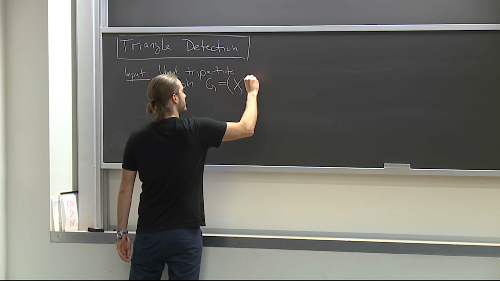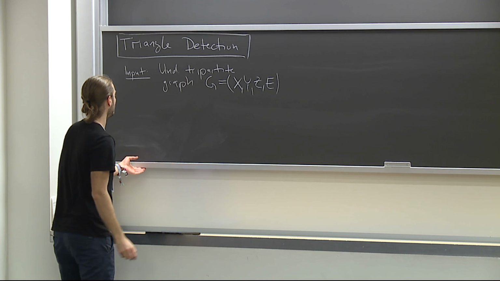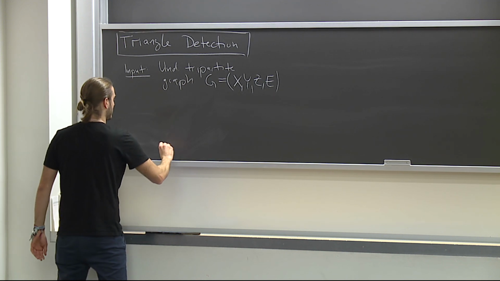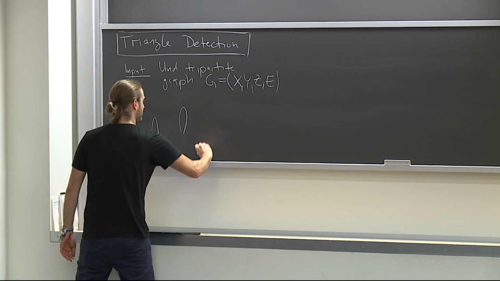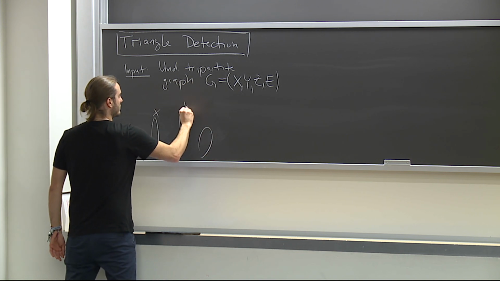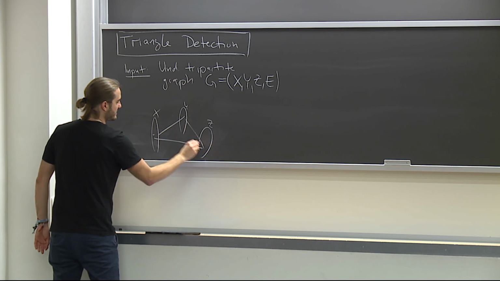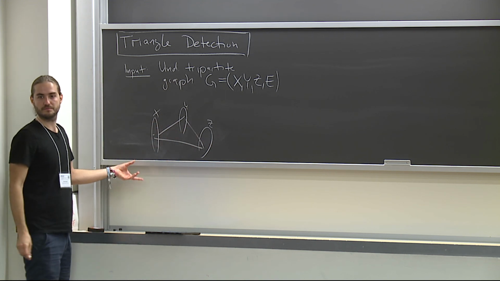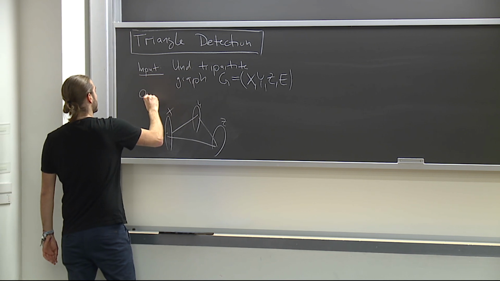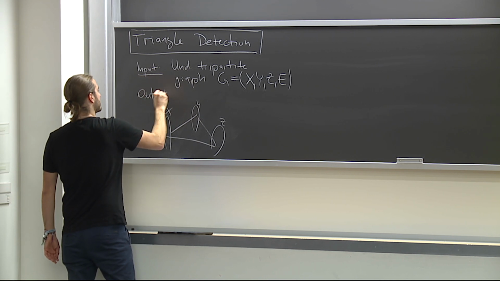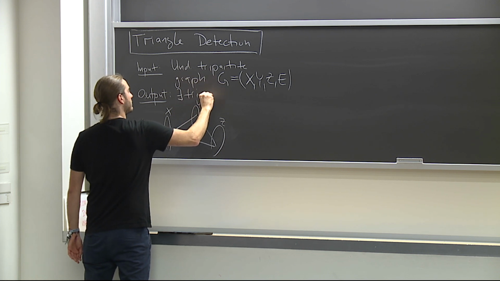Let me throughout denote the vertex parts by X, Y, and Z. So the graph basically looks like this. You have X, Y, and Z. There's some nodes here, and there's some edges here, but there's no edges inside these parts. And the question is, is there a triangle in the graph?